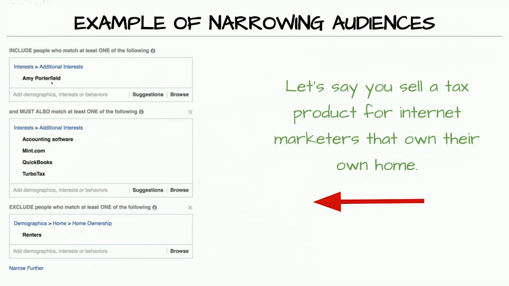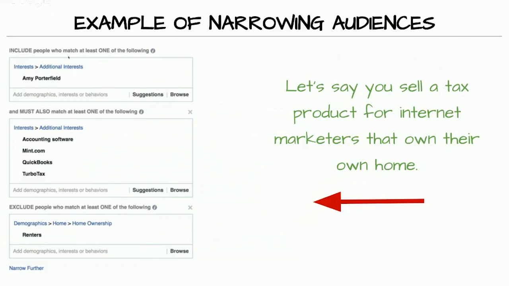Amy Porterfield is a competitor. To me, an interest is like internet marketing, dogs. So don't get the two mixed up. This is just what it's listed as in the Facebook ads targeting. But I call this a competitor.